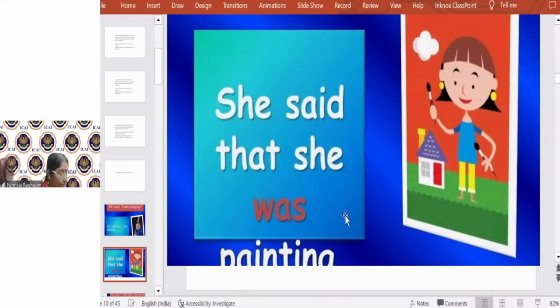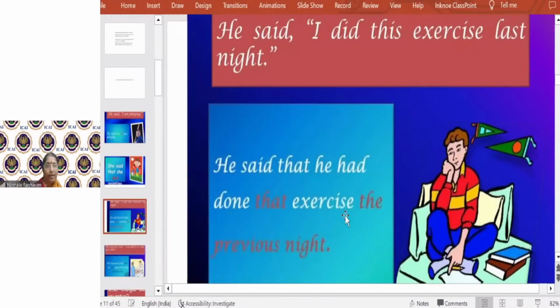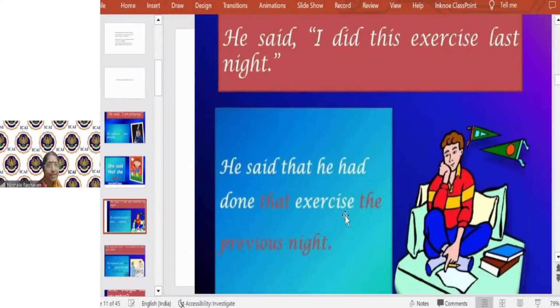Now you don't ask me questions. First, follow whatever I'm saying, and then I'll give you time to ask questions. Then, he said, 'I did this exercise last night.' He said that he had done that exercise the previous night. Okay, I am just highlighting things that you need to change, and you will see how the change happens with the reported speech sentences.